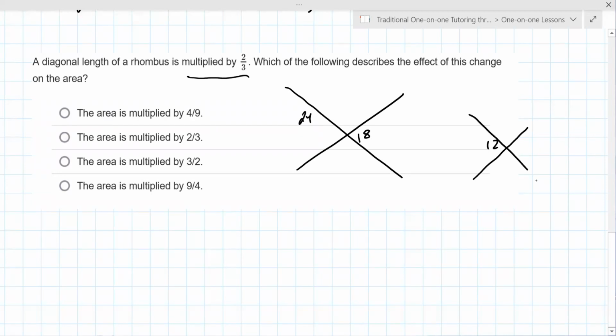So now what is 2/3 of 24? 16. So the area of a rhombus is 1/2 diagonal 1 times diagonal 2. So I want you to find the areas of both of these, please. You can use your calculator, you can use Desmos, whatever you think will be best for you.